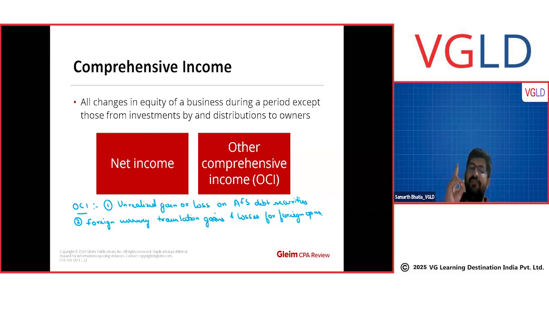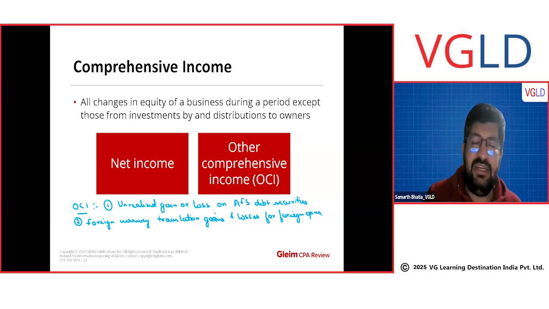So there are two types of foreign currency items. Transaction gain and loss is different; translation gain and loss is different. Transaction gain and loss is part of the income statement. Suppose today we decide to purchase goods, and today the dollar rate is 80 rupees per dollar. In the future, when we have to make the payment, the dollar rate is 82.